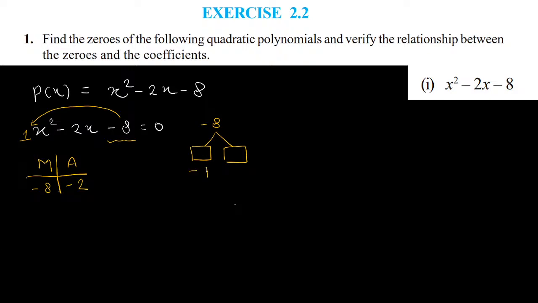So I can take minus 4 and plus 2. Minus 4 into 2 is minus 8, so this condition is satisfied. Minus 4 plus 2 gives minus 2.